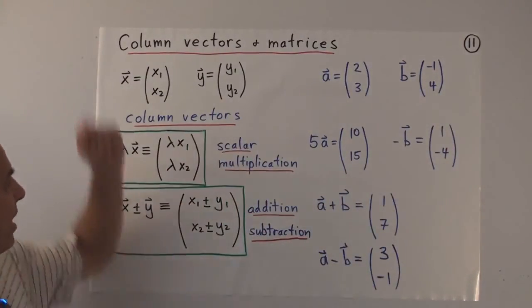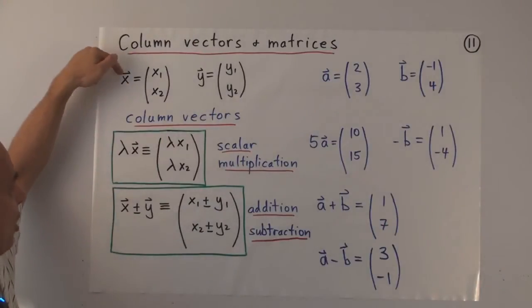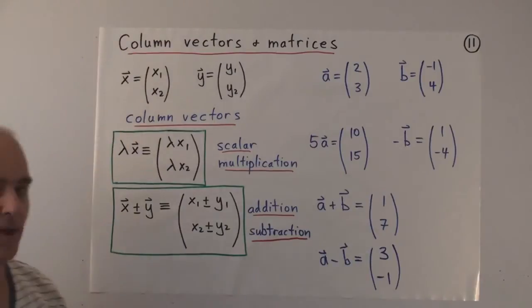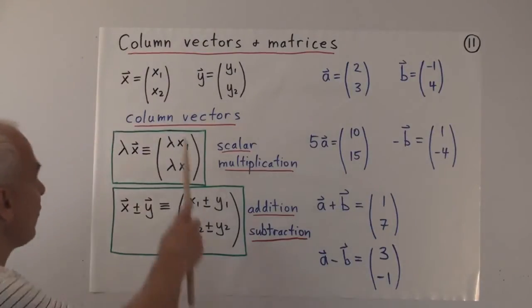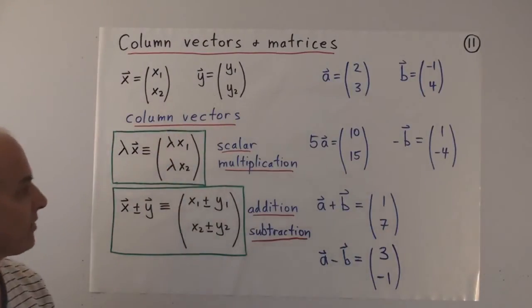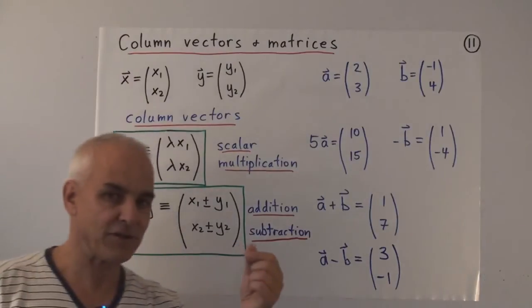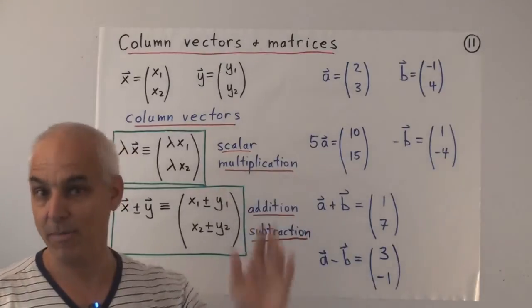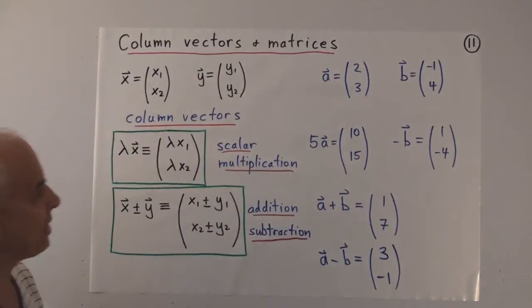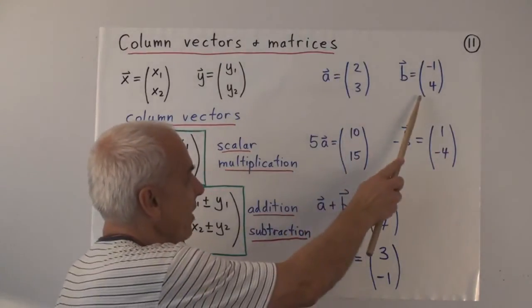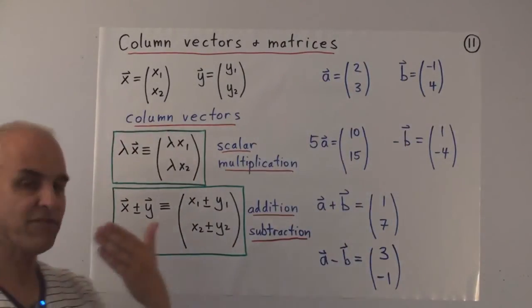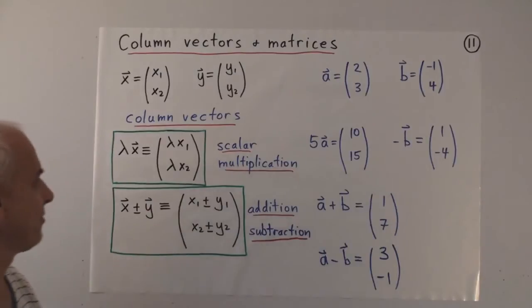Let's start by defining a column vector. A column vector is just a pair of numbers in a roundish bracket. So there's two examples of column vectors. And I'll say column vector to distinguish it from the row vector that we're also going to be talking about later on. And here are two very particular examples of column vectors, called A and B. There are two kinds of operations we can do with column vectors.